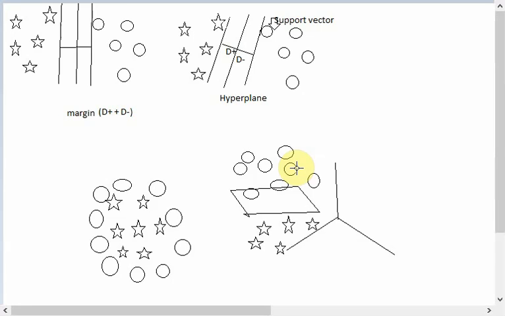That means we have taken too few features, and we call it underfitting. Another category is best fitting, where we are able to separate the data set exactly into different classes.